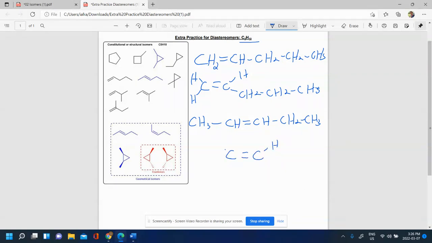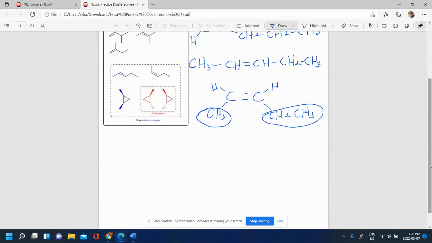We can put both H's on top there and the larger groups at the bottom. In other words, on the same side. So CH2, CH3. And so what we have here, it looks like, since the 2 larger groups are on the same side, that would be the cis version of this molecule.